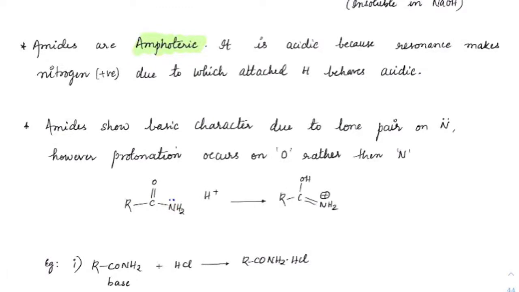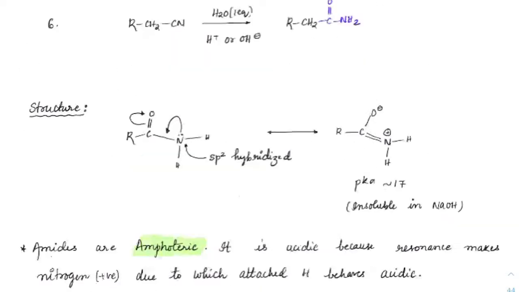But usually we don't see the lone pair directly involved here. Because both these resonance forms, although it appears very neutral, nitrogen's hybridization is always sp2, so the majority of the product would be in this form.